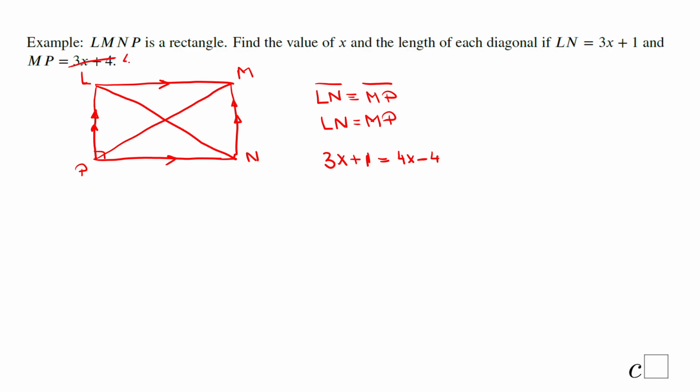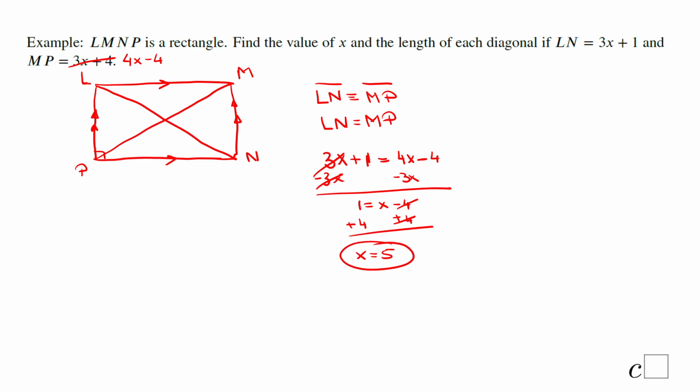Okay, 4x minus 4. Now we need to solve this problem. I'm going to subtract 3x to find x. We have 1 equals x minus 4, and add the 4. And we end up with x equals 5, which is the first part of the problem.